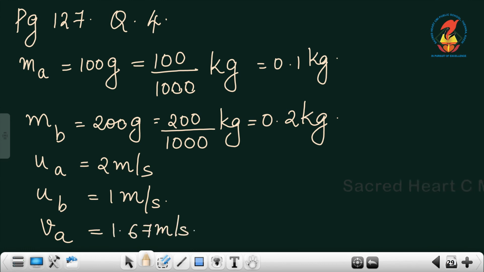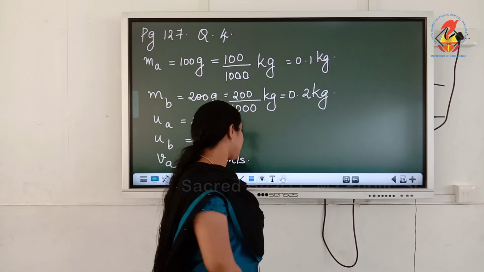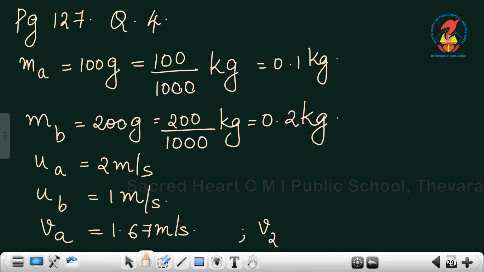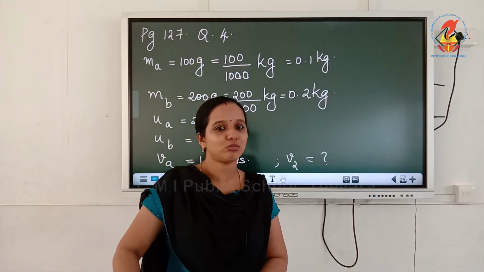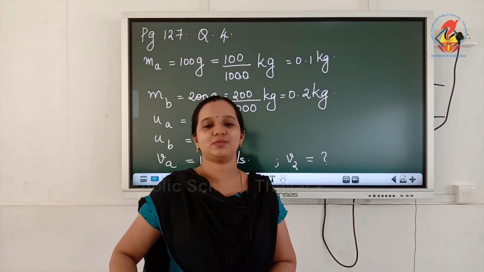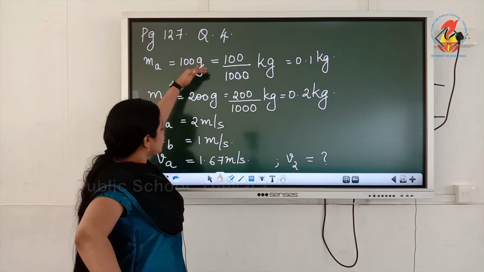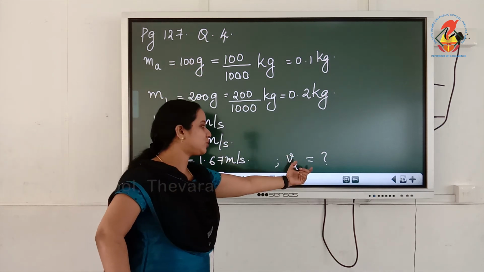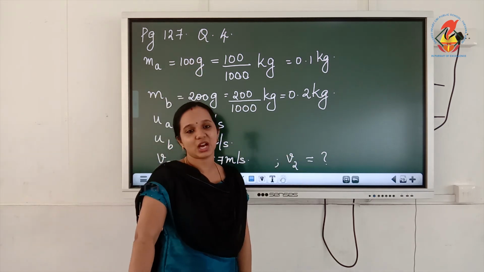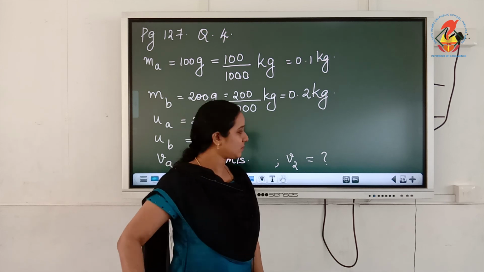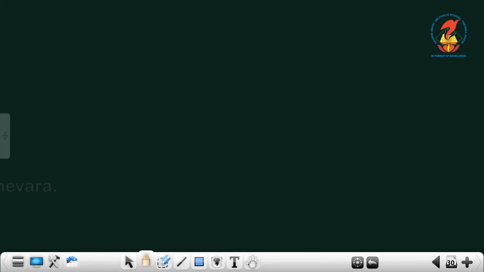Determine the velocity of the second object. We need to find V2, that is the velocity of the second object after collision. These are the quantities given in the question, and we need to find the velocity of the second object after collision.